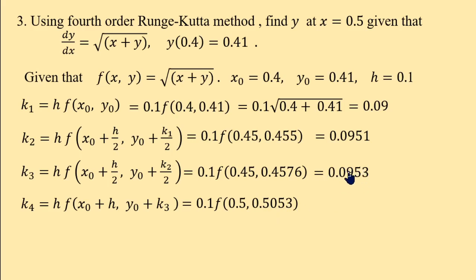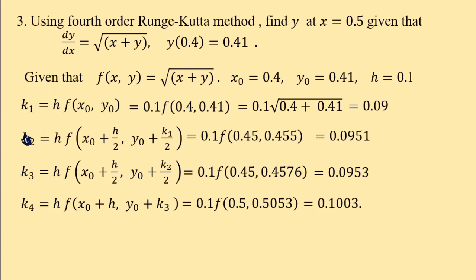See, this is k3, 0.41 plus 0.0953 is 0.5053. How to calculate this? 0.1 square root of 0.5 plus 0.5053. So that is equal to 0.1003.